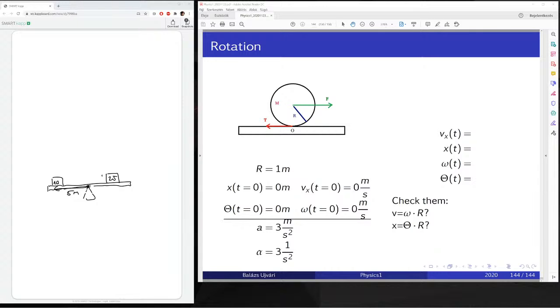Normally, if test 2 won't take place, I will give you a list of questions like, for example, Newton theory, what is a coordinate system, work theory, and such physics things.